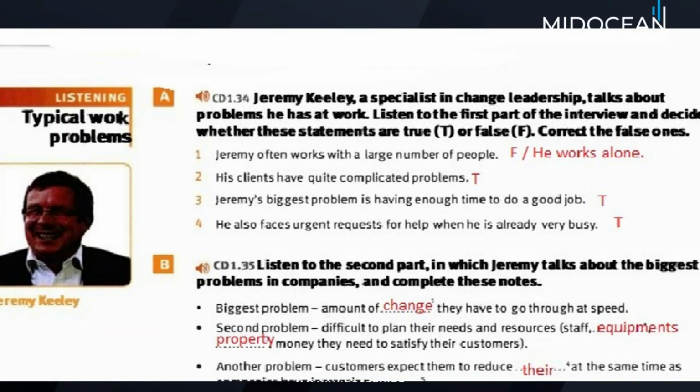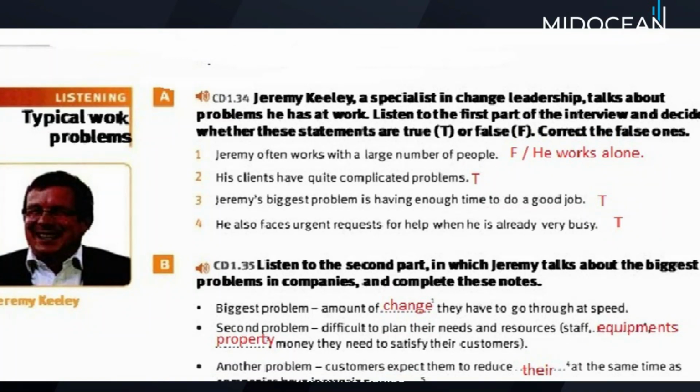Another problem, customers expect them to reduce their prices at the same time as companies have increasing costs.